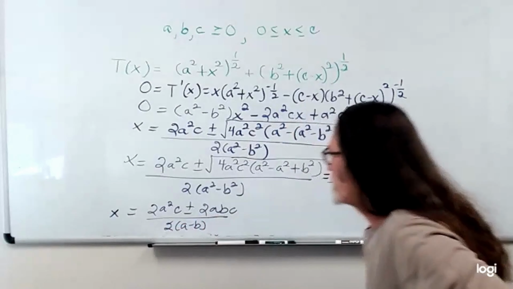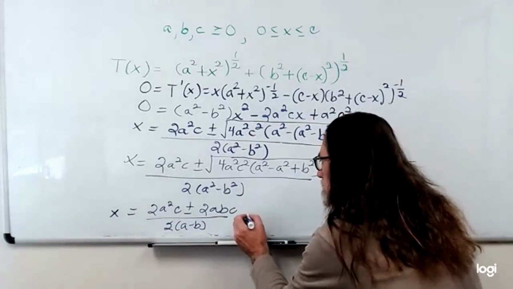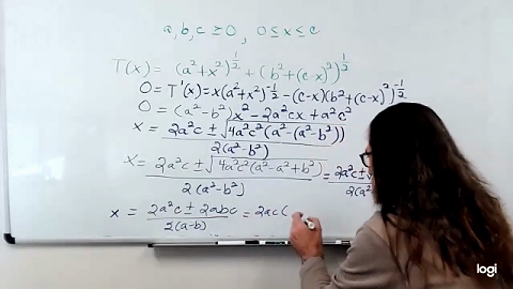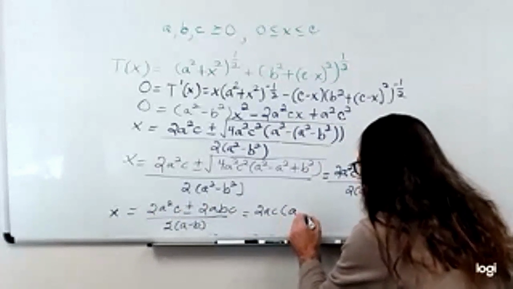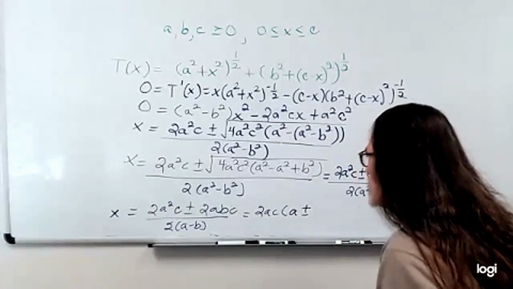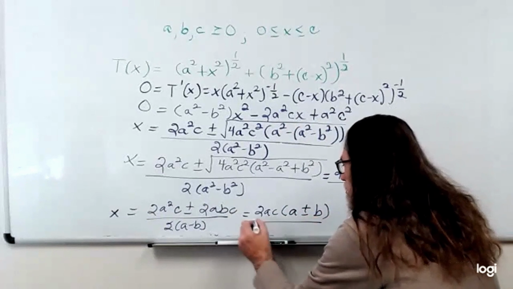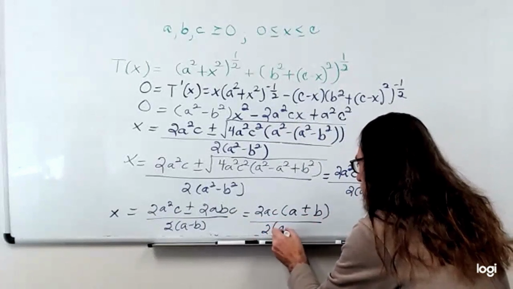And I'm going to factor out 2ac in the numerator, leaving us with a plus or minus b, all over 2 times a minus b.